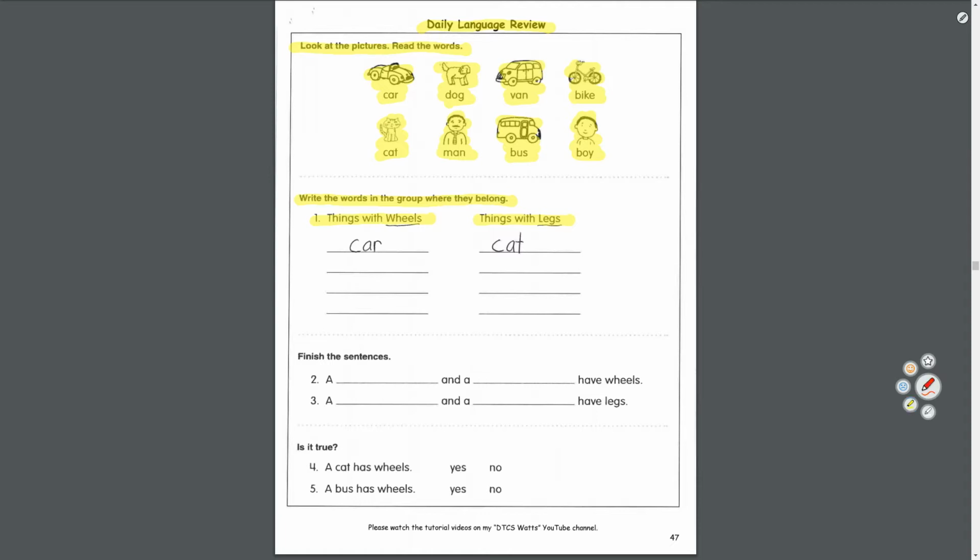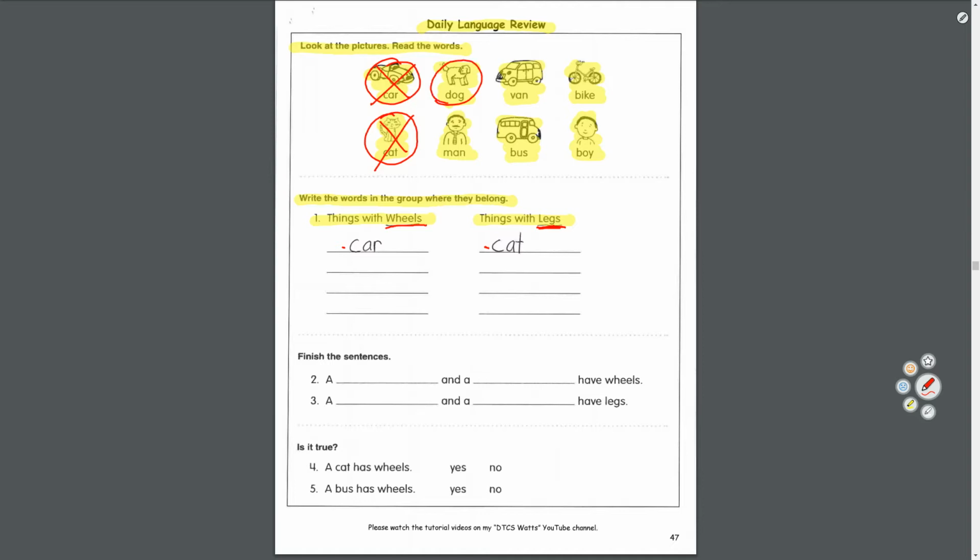So, for example, things with wheels, we know a car has wheels. So I put that there. Let's put an X through it so we don't use it again by accident. And something with legs, we know a cat has legs. You get the idea? So let's go through each one. Next one, dog.